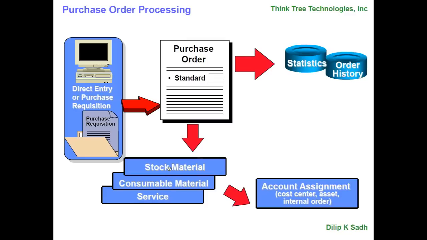A stock item example could be like you're buying your production item like maintenance and repair items. Consumable item means office stationery or some marketing literature. Somebody asks for a specific HR department need a laptop and a desktop for a new employee. That's a consumable item. Buy and you give it immediately to the employee.